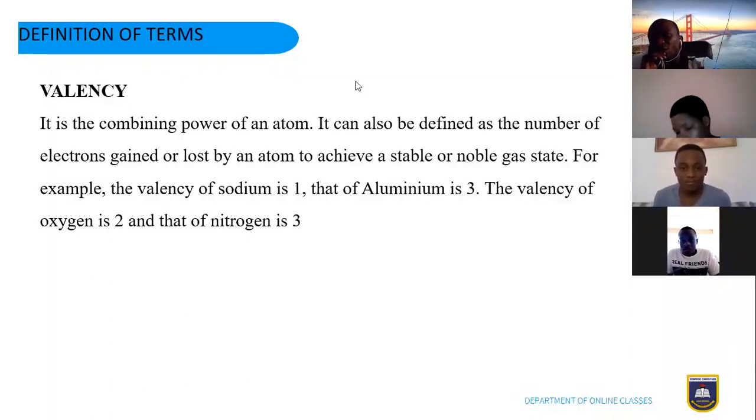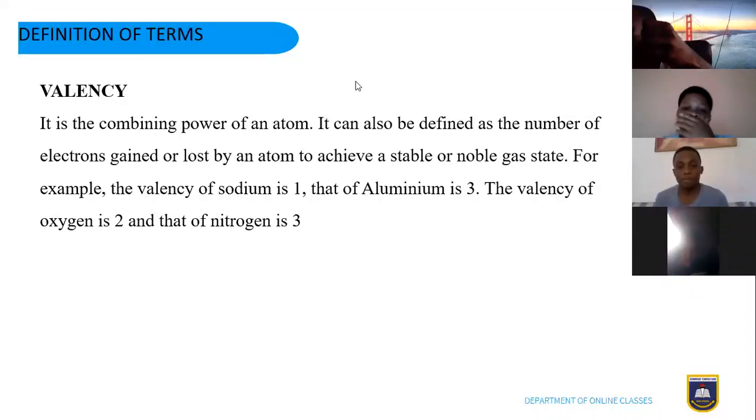Hydrogen, helium, lithium, beryllium, boron, carbon, nitrogen, oxygen, fluorine, and then neon.